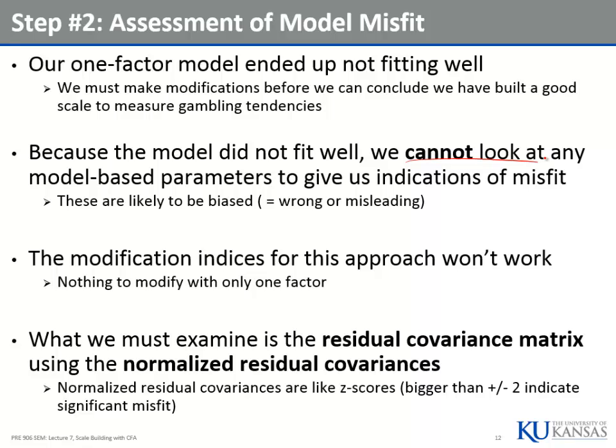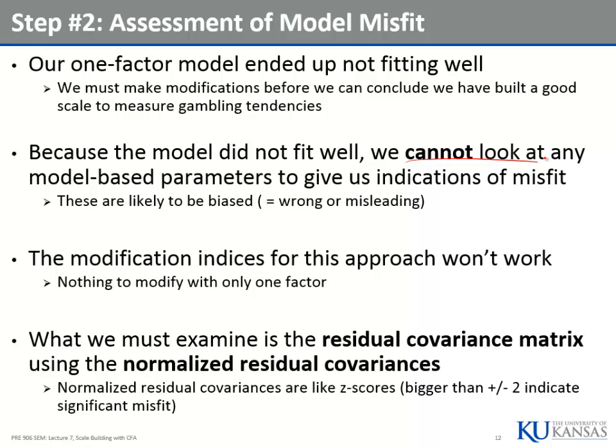So what we're going to have is a matrix of z-scores. If a z-score is really big, we're going to say there's misfit between this pair of items. And if a z-score is close to 0, we'll say, oh, this fits pretty well. But using that standard error in both of those allows us to compare and contrast. And the reason we need to do that is that each of the items may be on a different metric. It may have, and will have, a different variance estimate.